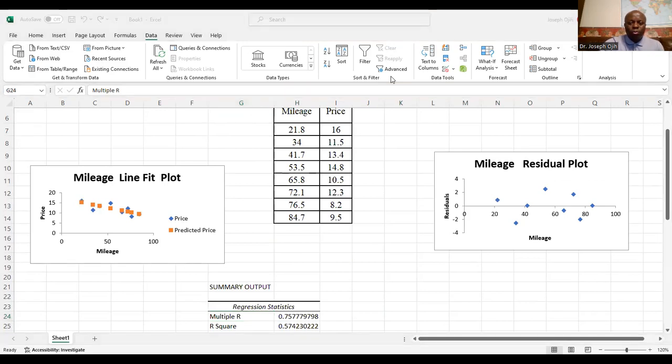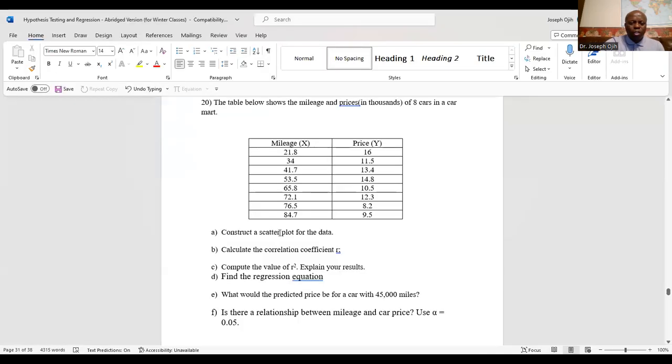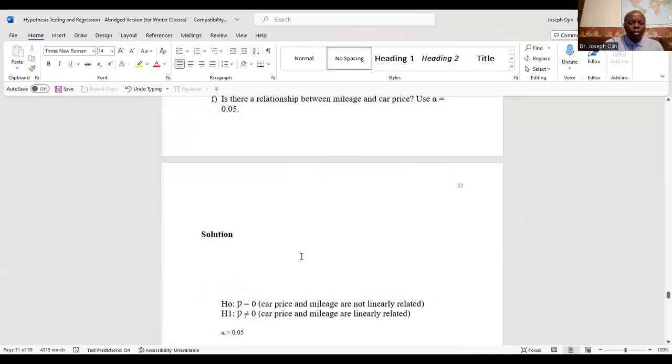The first question was to construct a scatter plot. So for part A, you can write, the scatter plot is presented below.